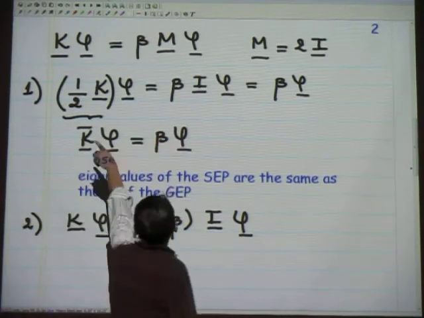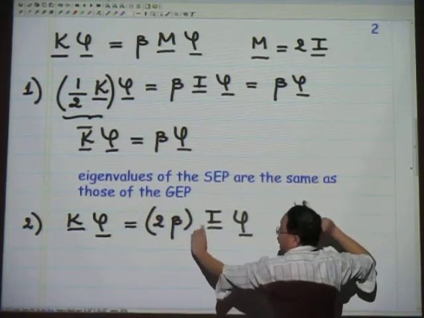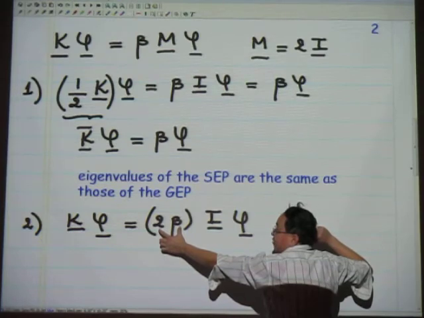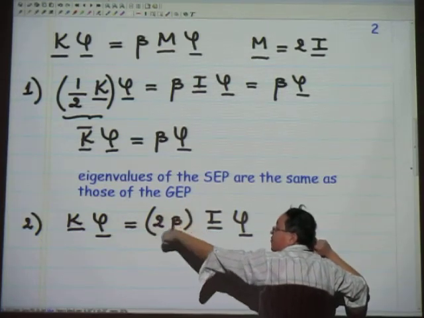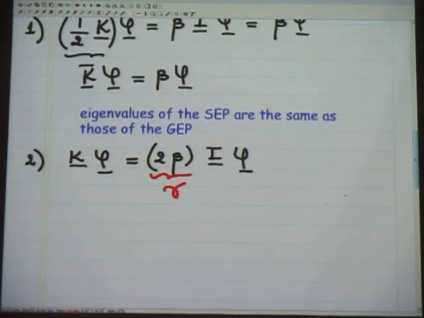So instead of dividing both sides by 2, you merge the factor 2 with the eigenvalue beta and call this the new eigenvalue, gamma. So the standard eigenvalue problem now is written as K phi equal to gamma phi. You use the same matrix but a different eigenvalue.